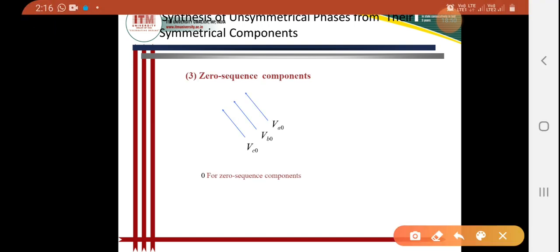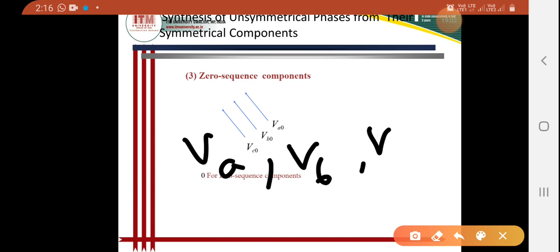If you are designing for voltage, that will be VA, VB and VC, and the three sets of symmetrical components are designated by an additional subscript 1 for the positive sequence.